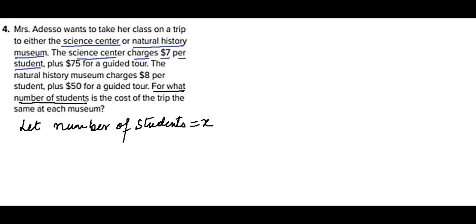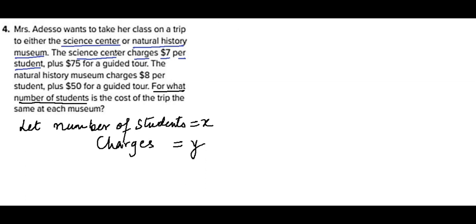We don't know how many students. Let the number of students be x, and the charges, or you can say cost, is equal to y. Let me see how we can make the equations now for the science center.